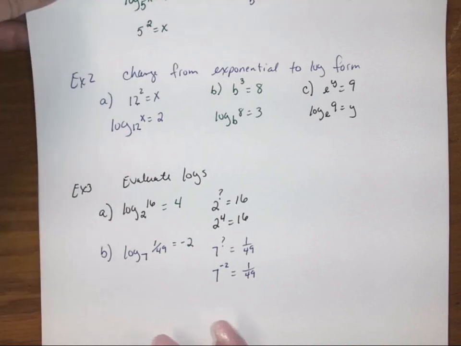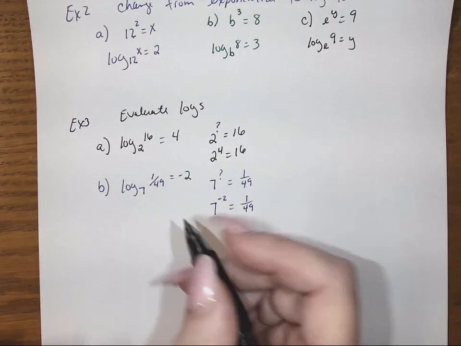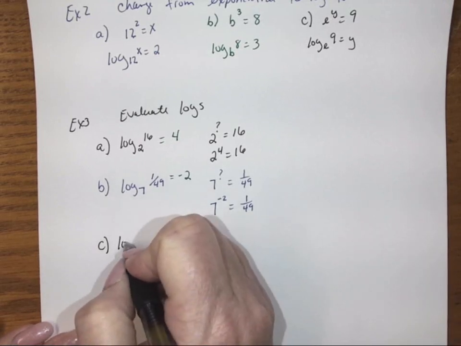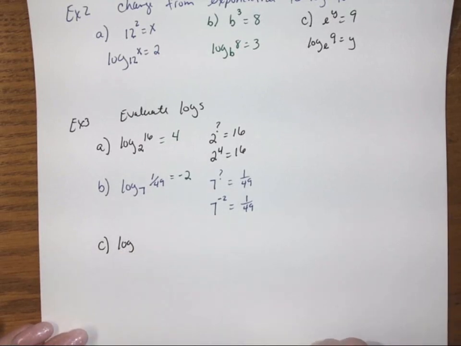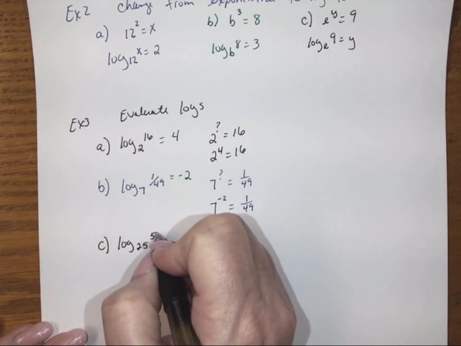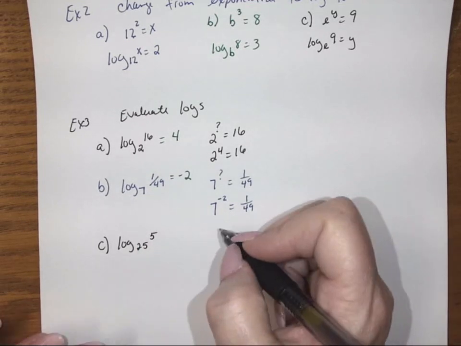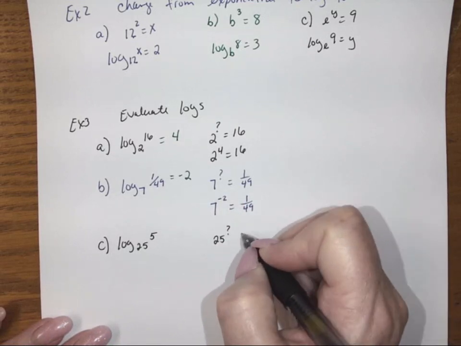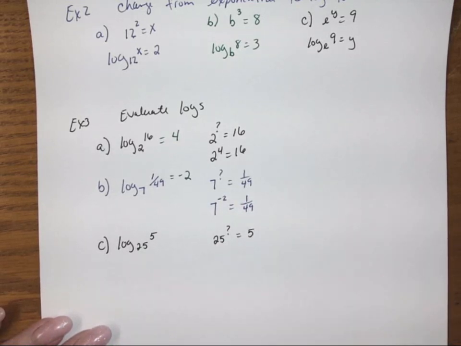If we look at part C, we have log base 25 of 5. So we're looking at 25 to what power equals 5?